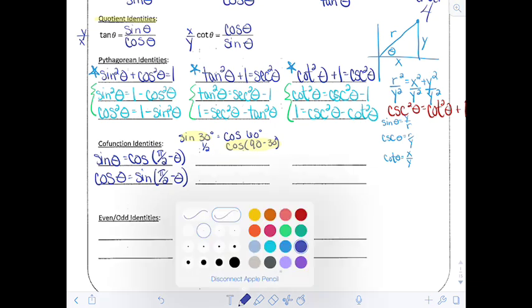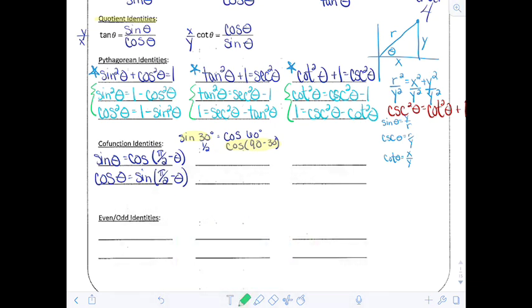Because again, if I use a number to kind of wrap my head around this, let's use 30 again. The cosine of 30 degrees is the same as the sine of 90 minus 30 degrees, or 60 degrees. They are both the square root of 3 over 2.